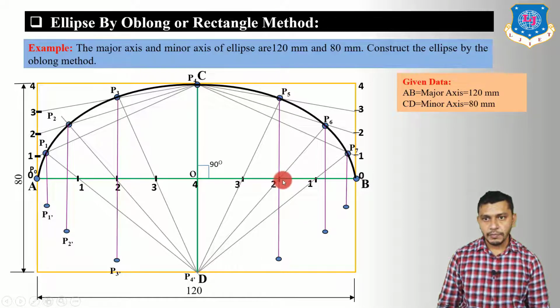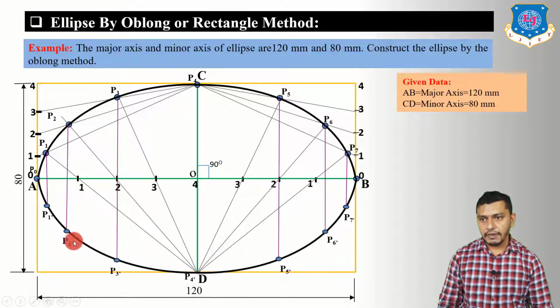We measure P5 from this intersection point, and mark the point at the same distance over here. This will be our P5 dash. So this is P7 dash, P6 dash, P5 dash. Now we draw the freehand curve passing through these points, and we will get the ellipse in the second half also.